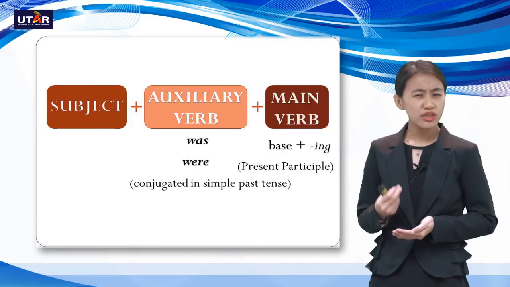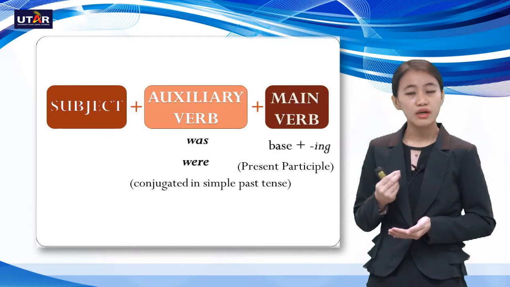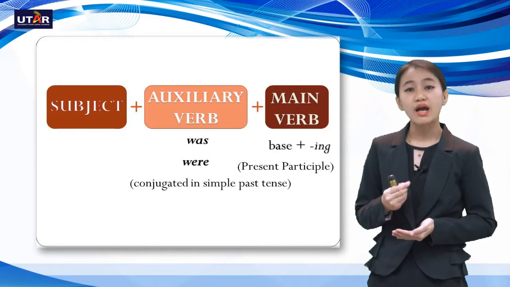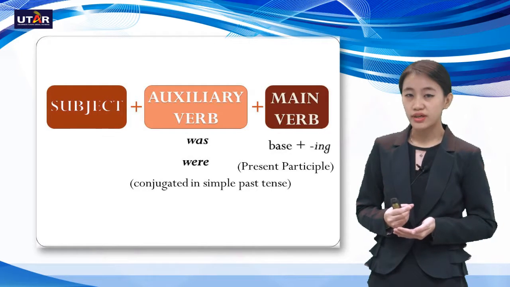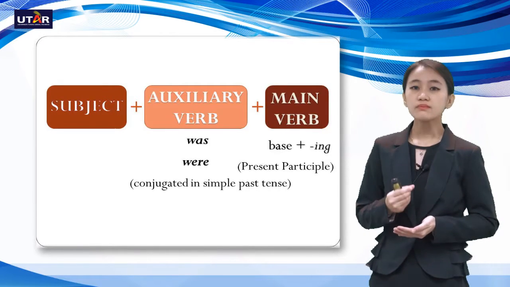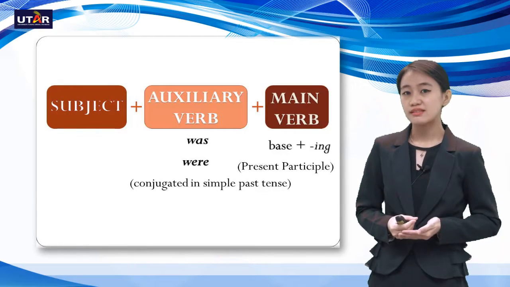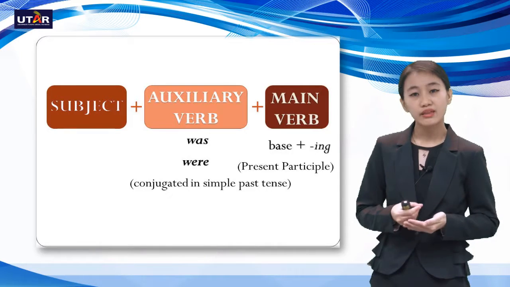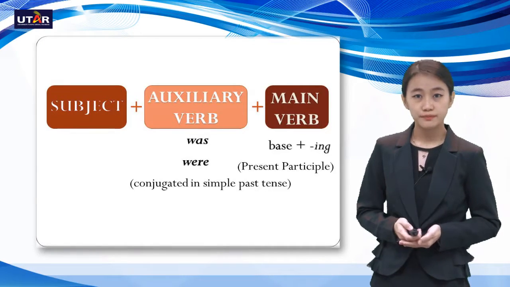So, when you hear the word continuous, you should automatically remember the verb must be with ing. So now, whenever you see a verb in ing, you must remember to have the be verb. So since this is past continuous, therefore your be verb is in past, was or were.